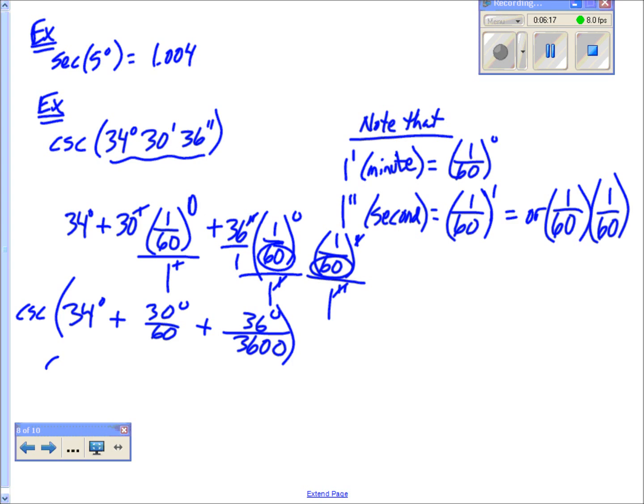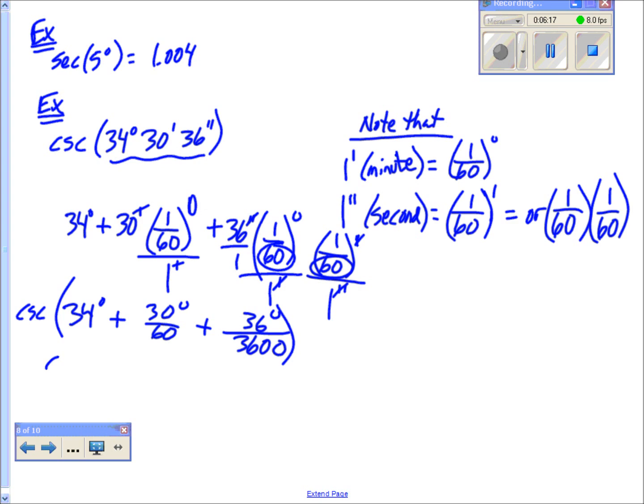Again, make sure you're in degree mode. You say catalog, cosecant 34.51, and you get 1.765.